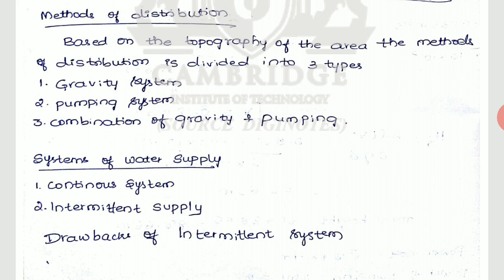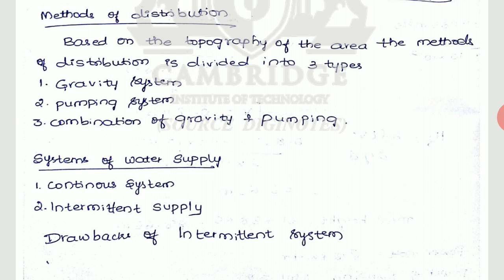You can also see the drawbacks of intermittent system. The drawbacks of intermittent supply are fire demand, domestic storage, pollution in supply, size of pipes, wastage from water taps, and staff requirements. As I told, again and again operation of valves, controlling speed and all, the staff is required.